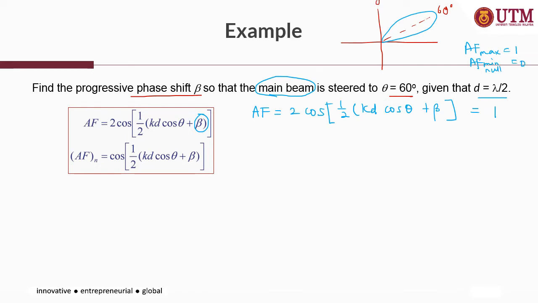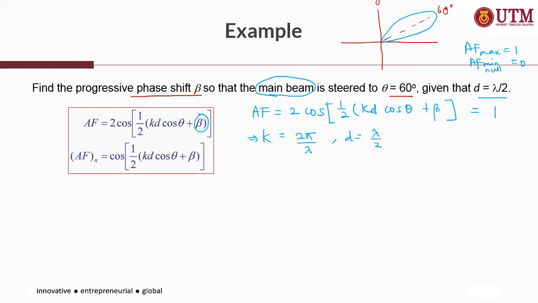So in this case, what is k? k is the wave number, equal to 2 pi over lambda, and d is given as lambda over 2.